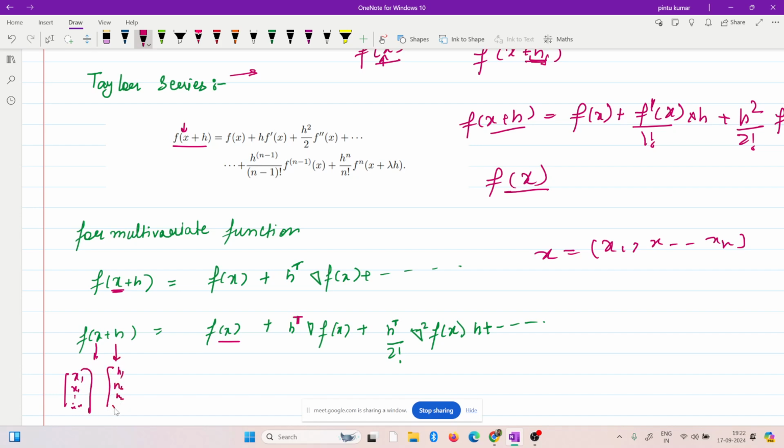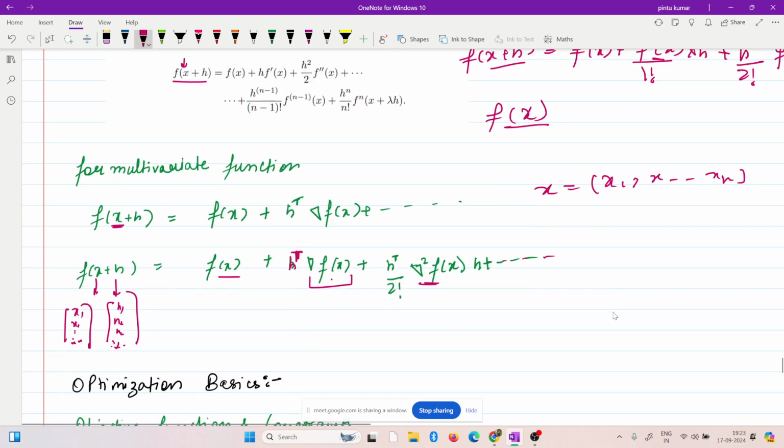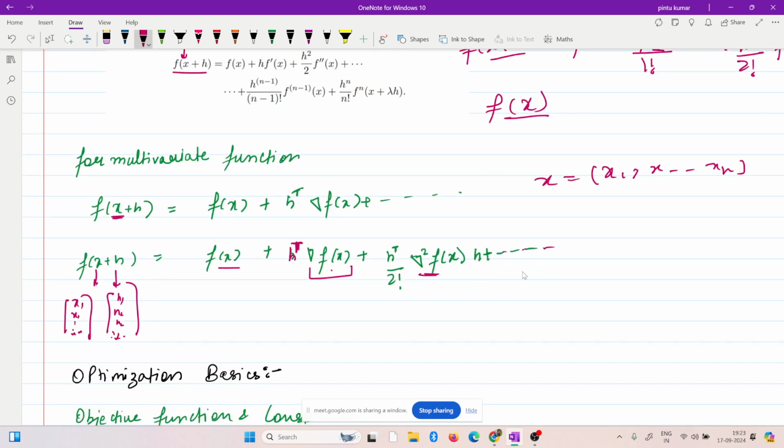You are incrementing in every direction. So multiplying by h is similar to multiplying by its transpose, that is, taking a dot product with the gradient. Earlier you had f dash x, now you have the gradient. Again, for the second term, you have the Hessian, and similarly higher order derivatives, which are again not very easy to visualize. Generally you stop at 2 and then you assume the rest to be error in your calculations many times.